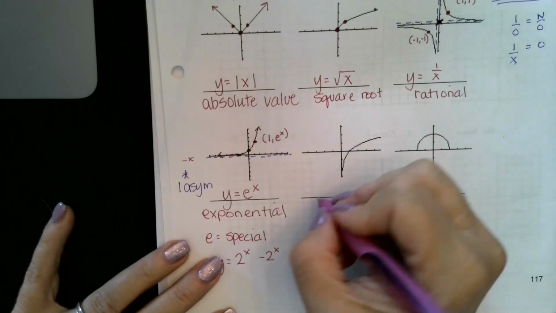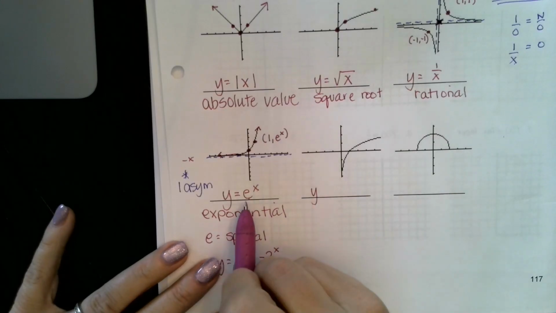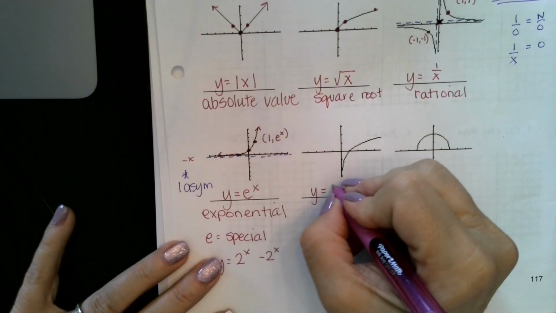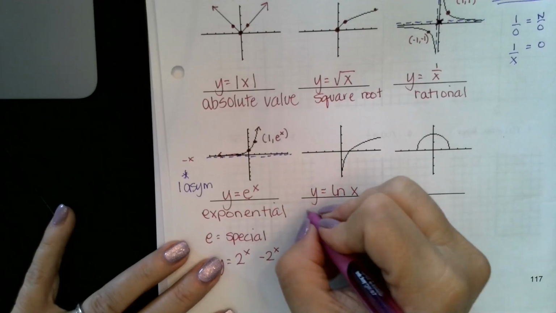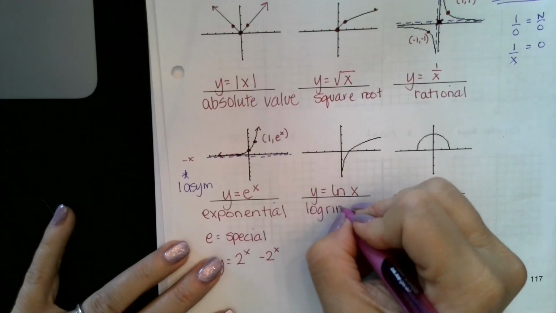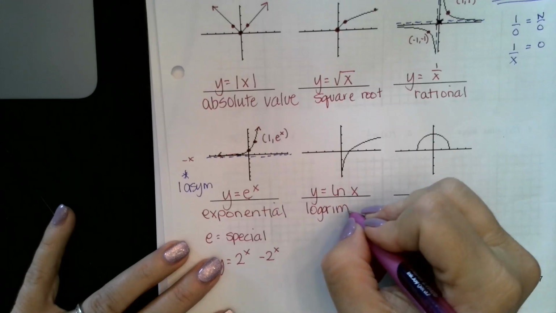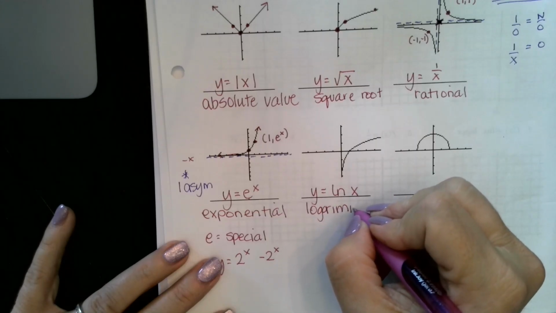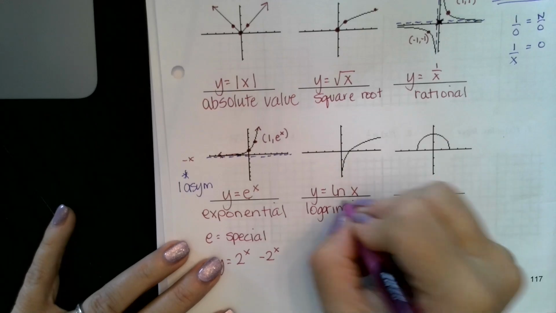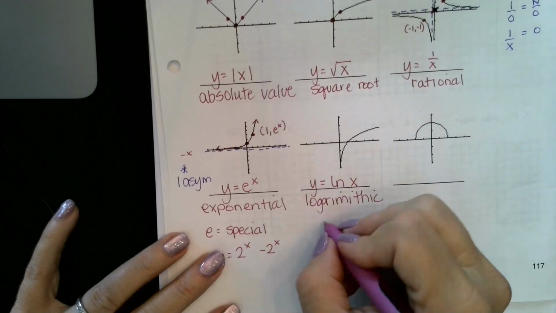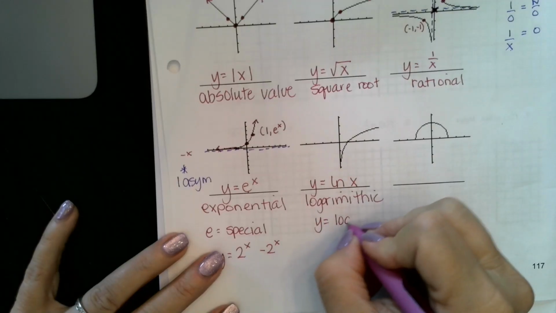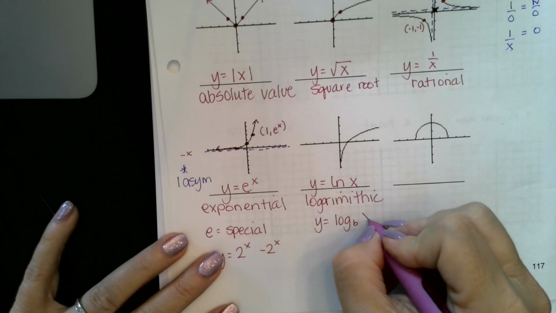Okay? This next one is the inverse. So the opposite of e to the x is going to be ln x. And this is my logarithmic. Now, I could also write this as log base some number of x.